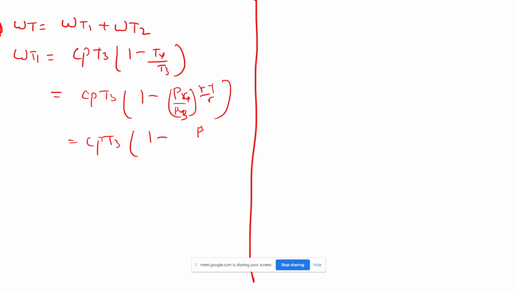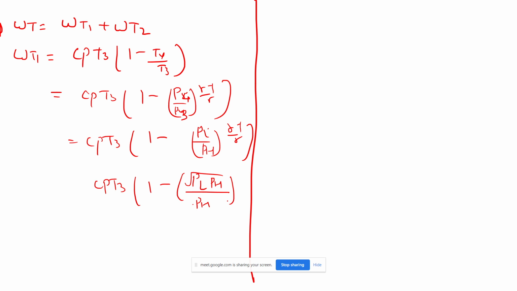So P intermediate upon P higher to the power gamma minus 1 upon gamma. So Cp T3 times 1 minus P intermediate; we all know from before that it is the square root of P lower upon P higher to the power gamma minus 1 upon gamma.